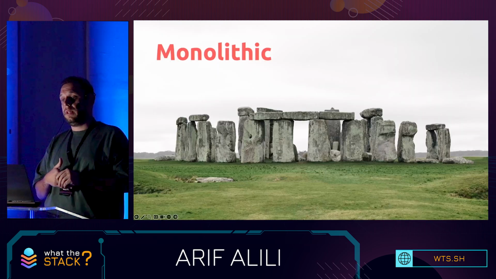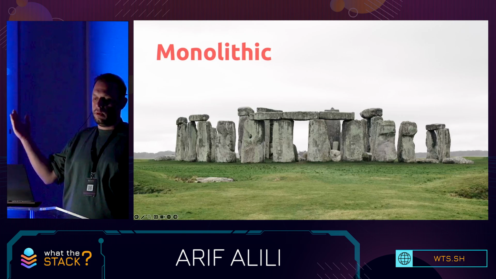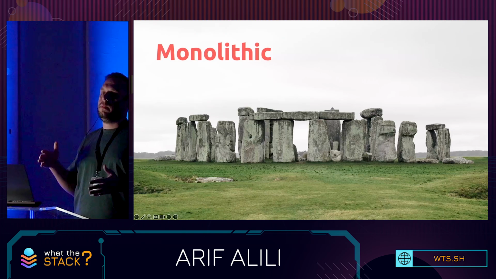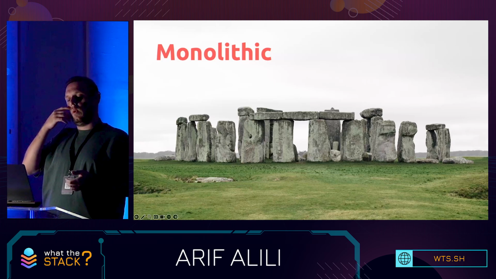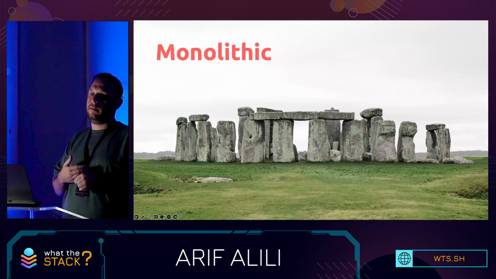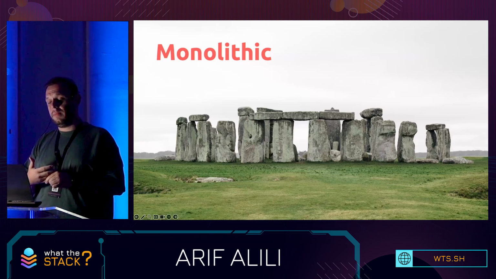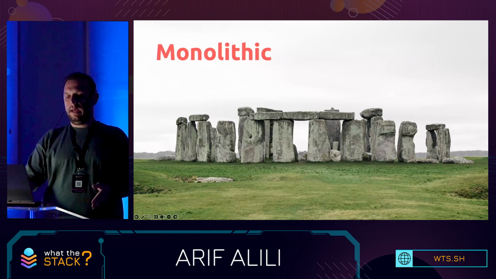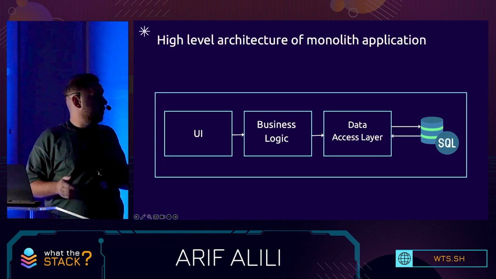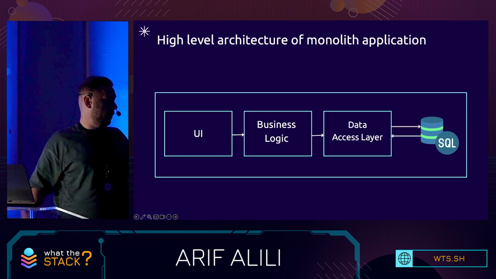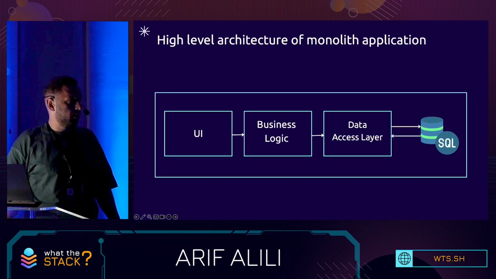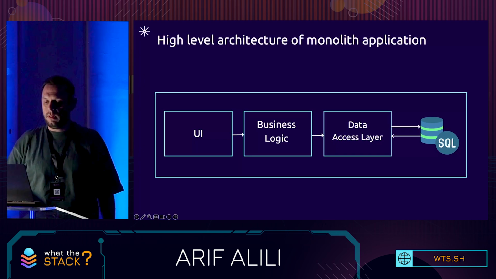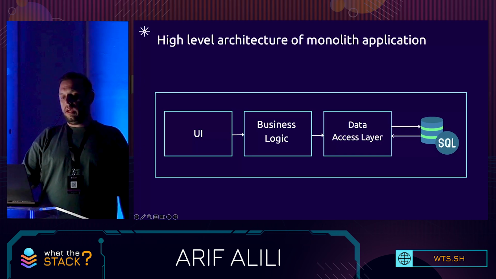In the monolithic world, we have one huge application which consists of a UI, business logic, and data access. Most of the time, it also has one huge database, and it looks something like this. We have UI, business logic, and a data access layer, accessing usually one huge SQL database.